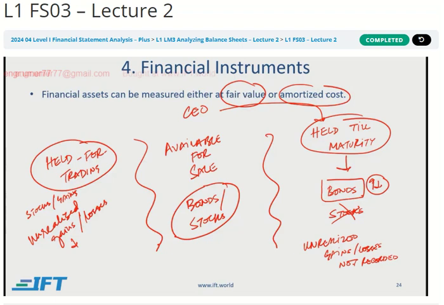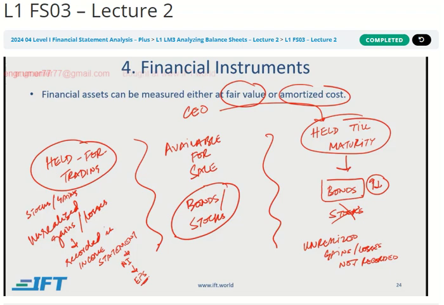So unrealized gains and losses are recorded in the income statement, not the statement of comprehensive income, in the income statement, which will of course impact your net income, and it will impact your earnings per share.